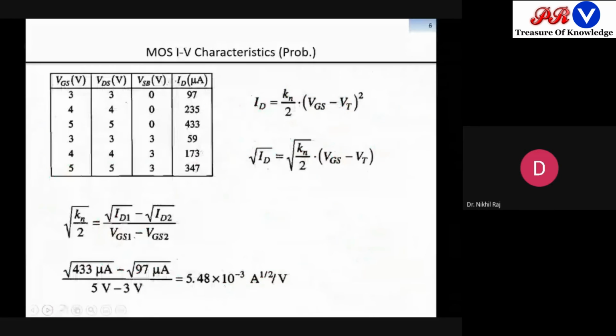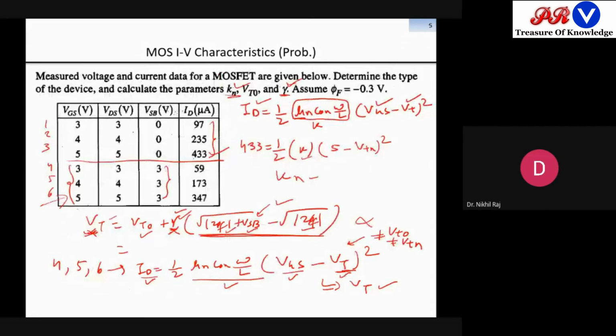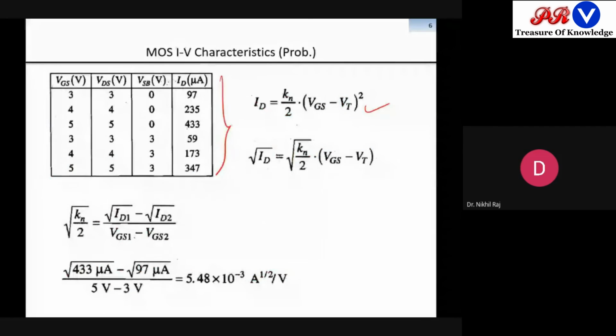So this was the set of data. First we have used the ID expression. Initially they have calculated Kn. Alternately also they can calculate, like the ID expression is given. According to the question, the first parameter they are calculating is Kn. So how to calculate Kn? They have normalized, taking the square root, we will get this form.